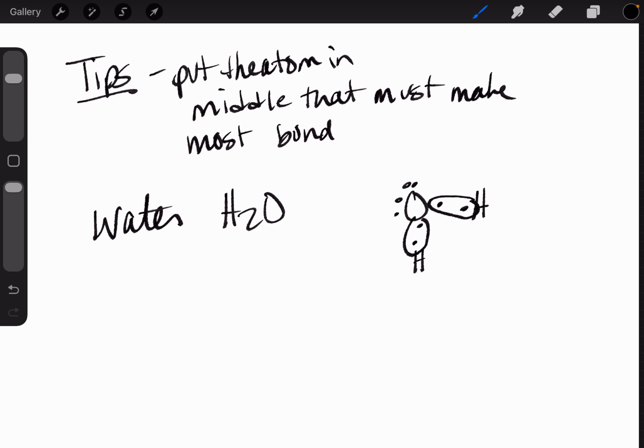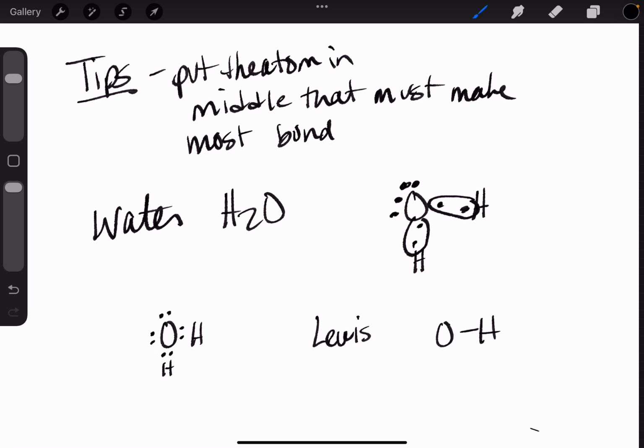And so if I go through and count, I've got 1, 2, 3, 4, 5, 6, 7, 8. And that makes oxygen stable. There's going to be my dot structure, and then my Lewis is going to look like this.